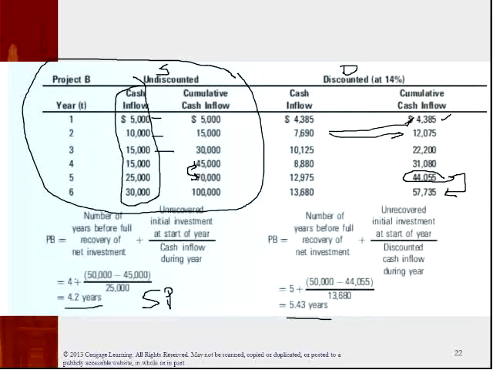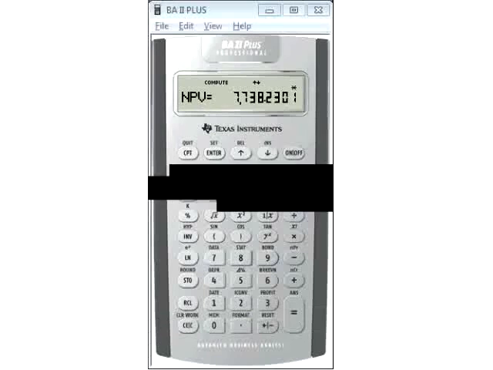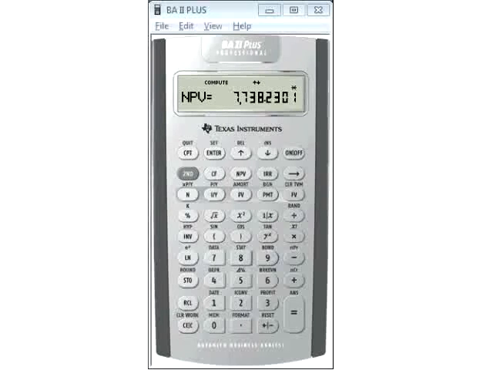Looks like there is some problem today. I don't know what. Let me go to the calculator and show you. Can you see my calculator now? Okay. All right. Let me go back here.